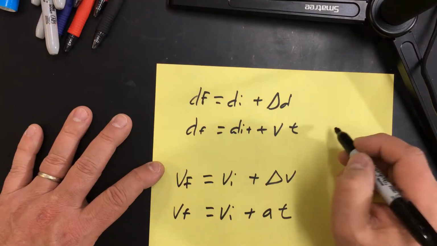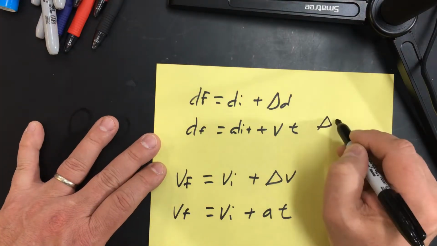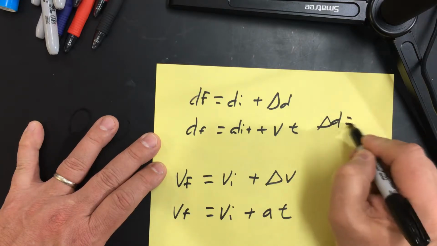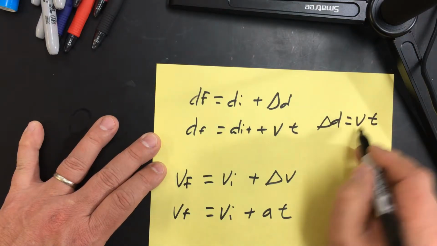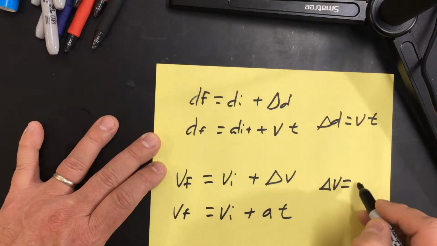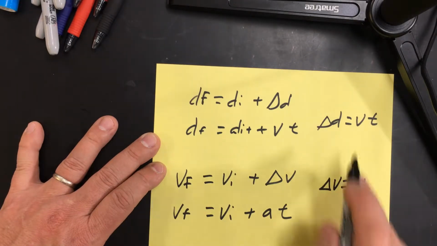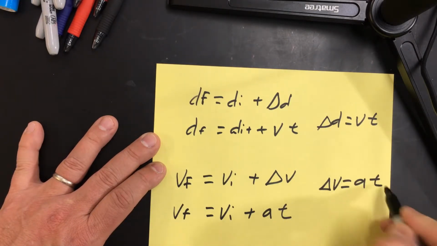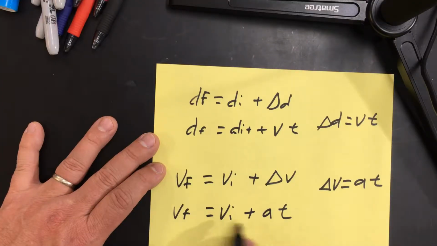So delta V, the change in velocity, just like delta D is velocity times time, the rate that position changes times time, delta V is equal to the rate at which velocity changes times time. So the final velocity becomes initial velocity plus acceleration times time.